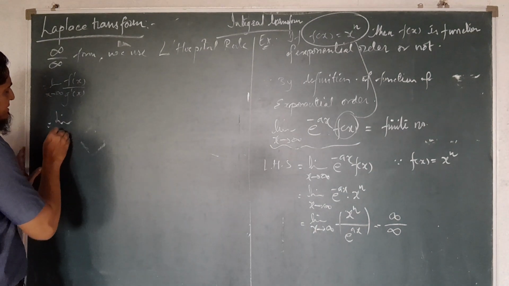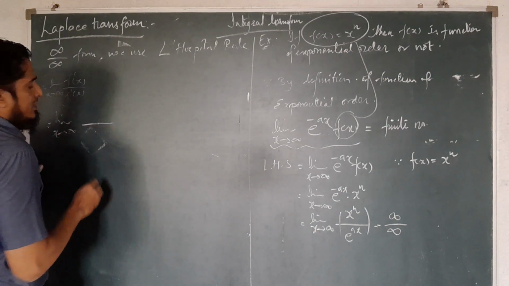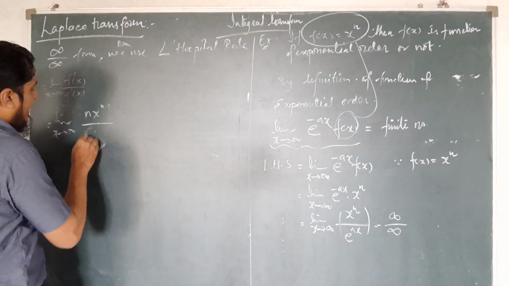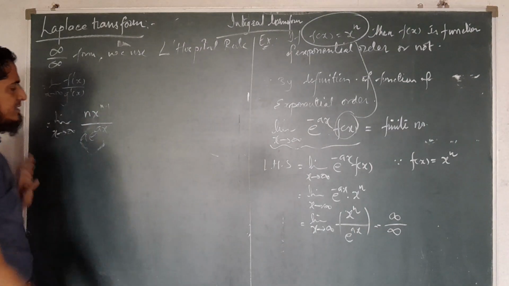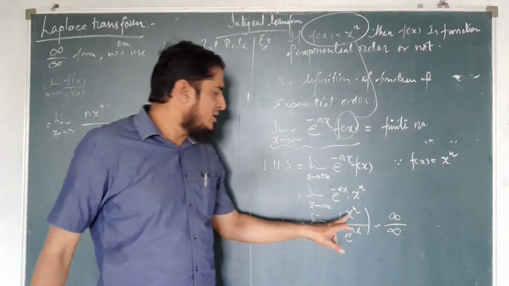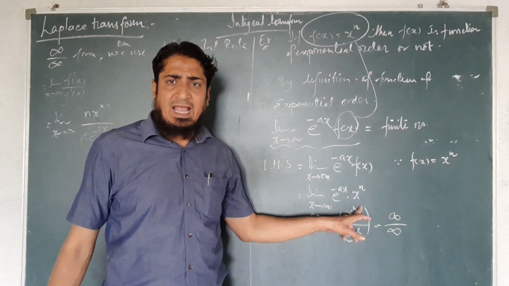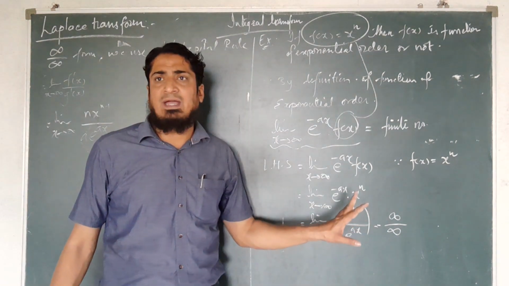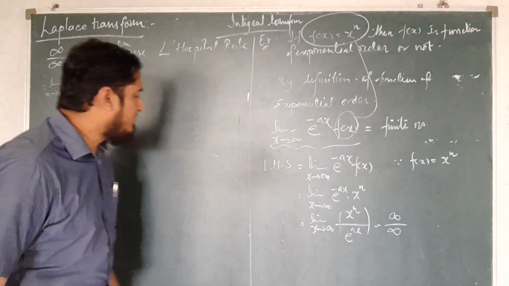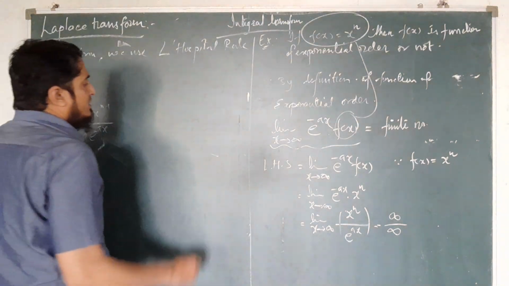We will get the limit as x tends to infinity of n x raised to n minus 1 upon a e raised to ax. Correct? After differentiating x raised to n, we get n into x raised to n minus 1. Similarly, if we differentiate e raised to ax, we get a into e raised to ax.